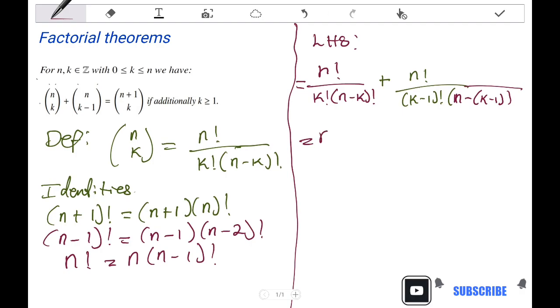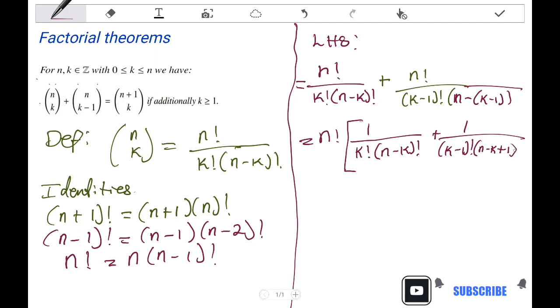You are left inside with 1 over k factorial (n minus k) factorial plus 1 over (k minus 1) factorial (n minus k plus 1) factorial.